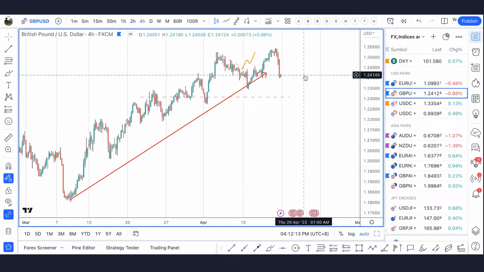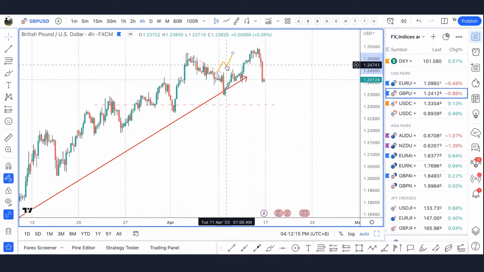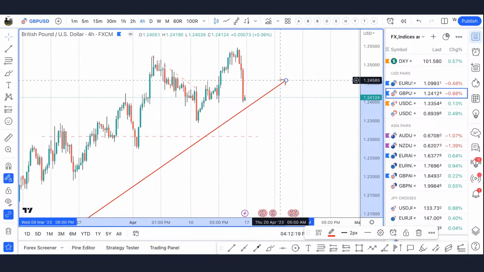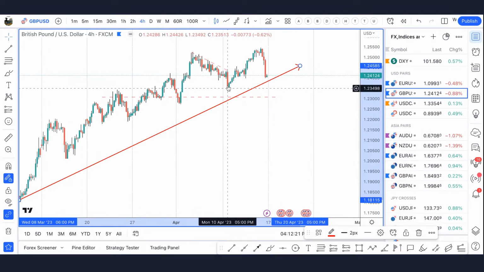So for the Pound USD, I would say it is still on an upside. Looking at the H4, this was the last swing low, and the swing low was not even taken out. So on the daily and the 4 hourly, you can safely say that it is still on the upside.